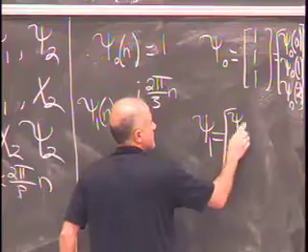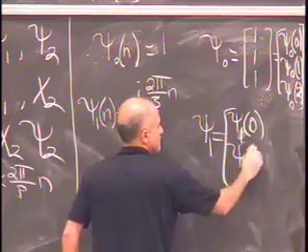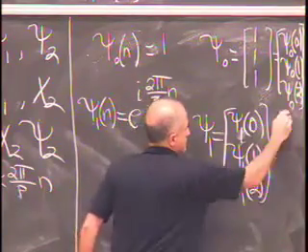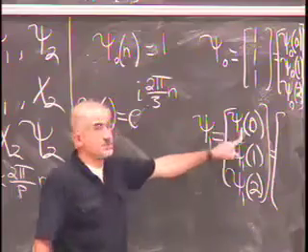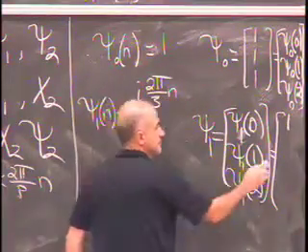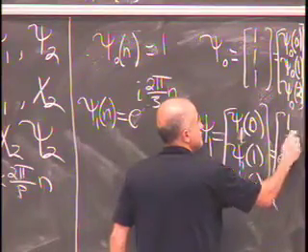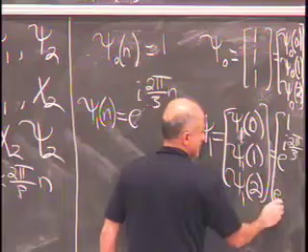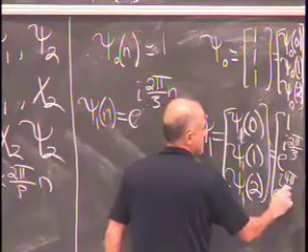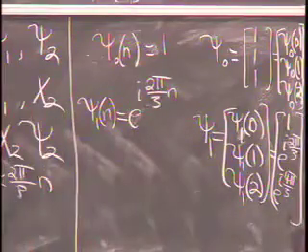So you've got to have c1 of 0, c1 of 1, and c1 of 2. What do you get? What's the first entry? 1. Second entry? e to the i 2 pi over 3. And the last one? e to the i 4 pi over 3. Already we've reached the stage where we can't draw these vectors anymore.